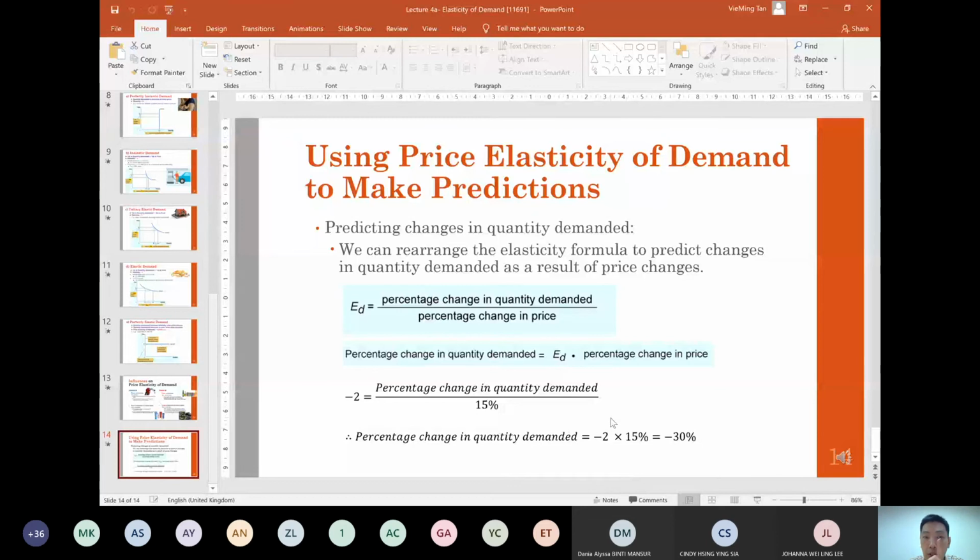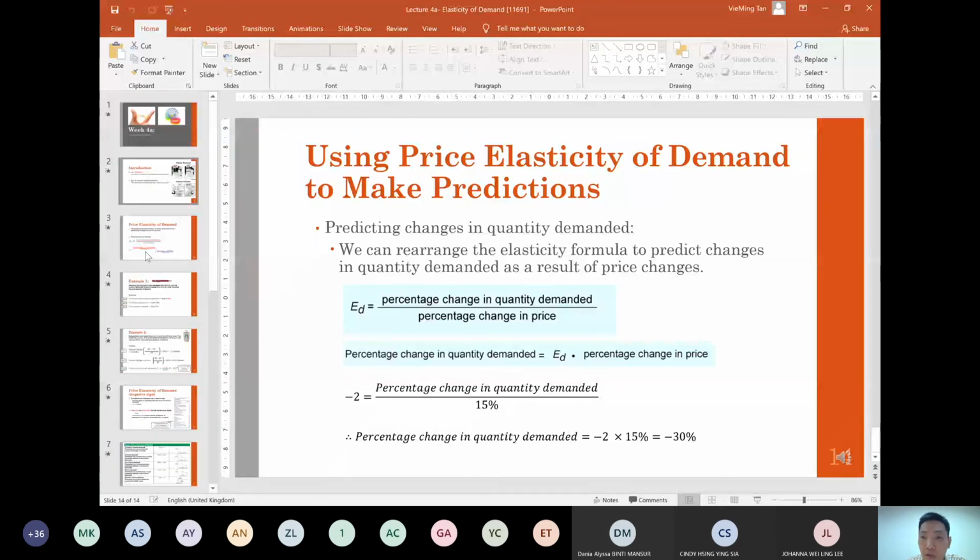Or another point that I'd like to inform you. The percentage change in quantity demanded and the percentage change in price are always in percentage, right? But the figure for price elasticity of demand has no unit. I just want to remind you, there is no unit for the final answer of price elasticity of demand.